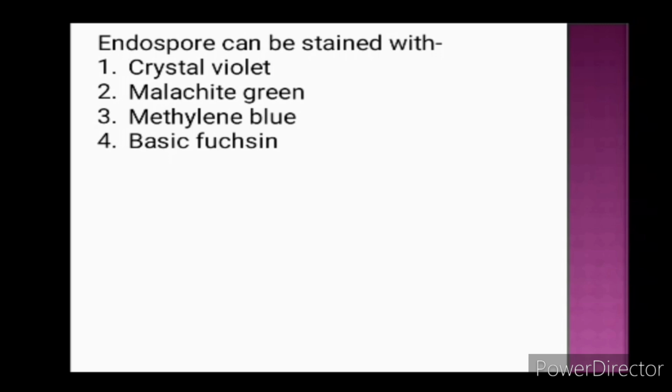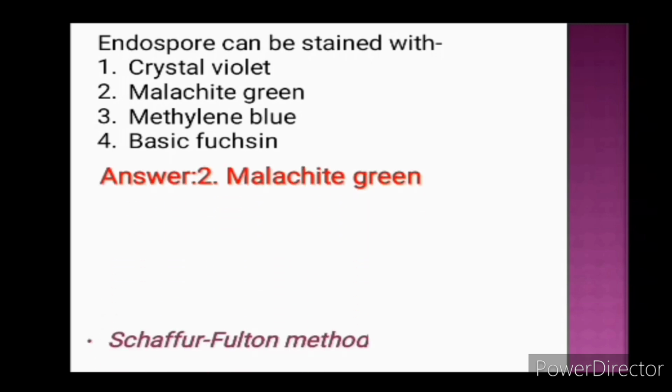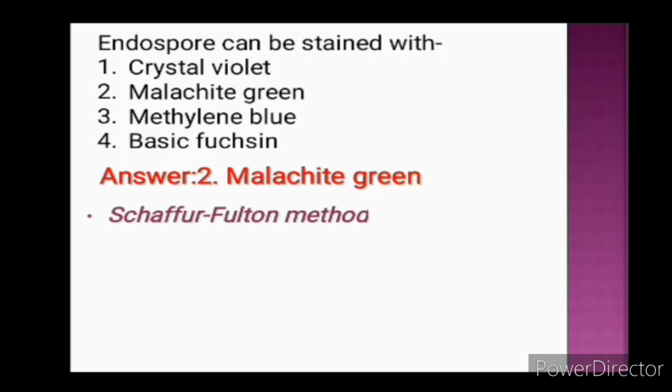Next question. Endospore can be stained with option 1 crystal violet, option 2 malachite green, option 3 methylene blue, option 4 basic fuchsin. And the correct answer is option 2, malachite green. This endospore staining, where malachite green is used as staining agent, is known as the Schaeffer-Fulton method.